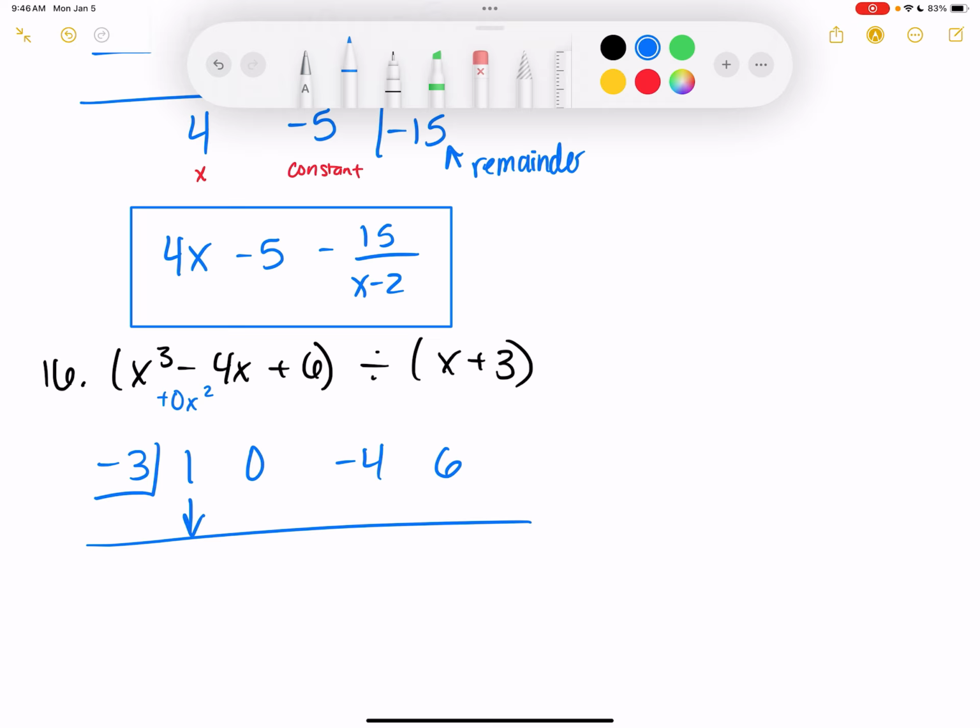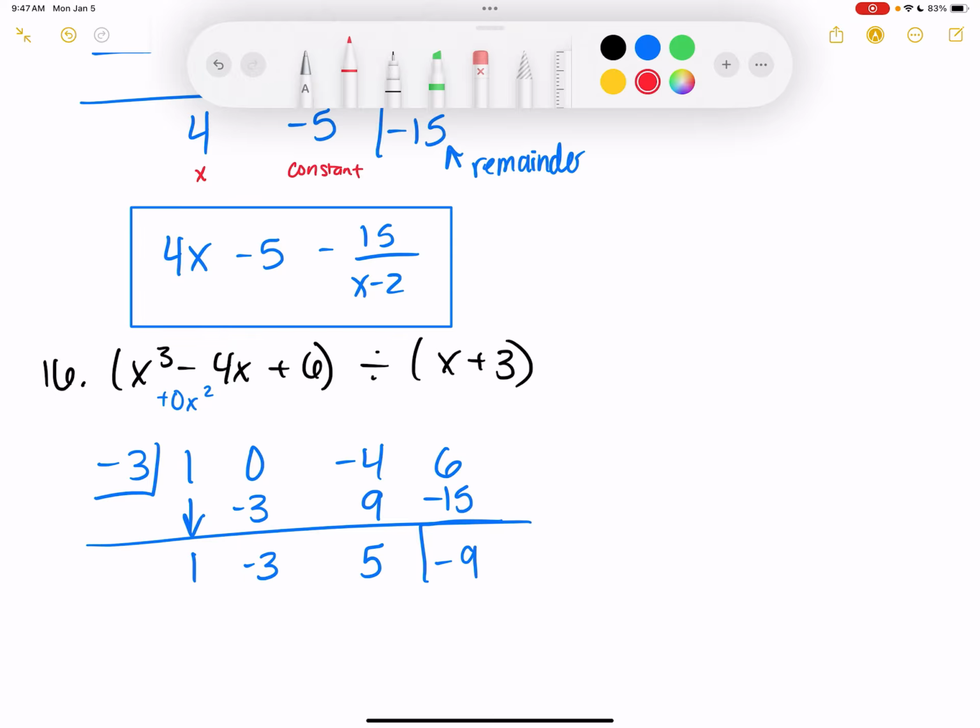All right, so bring down the 1. 1 times negative 3 is negative 3, plus 0 is negative 3, times negative 3 is positive 9, minus 4 is 5, 5 times negative 3 is negative 15, plus 6 is negative 9, and so that is my remainder.